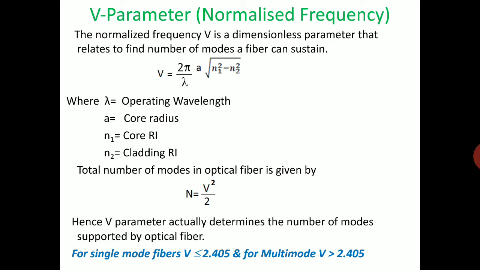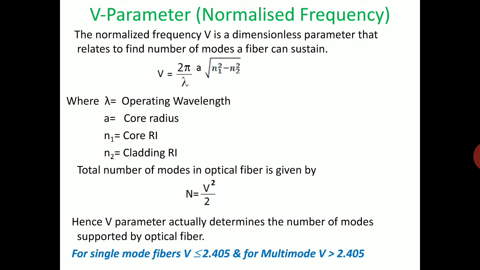The normalized frequency V is a dimensionless parameter. This will help us to find out how many modes a fiber can sustain. To calculate that, first we have to find the V parameter or the normalized frequency.